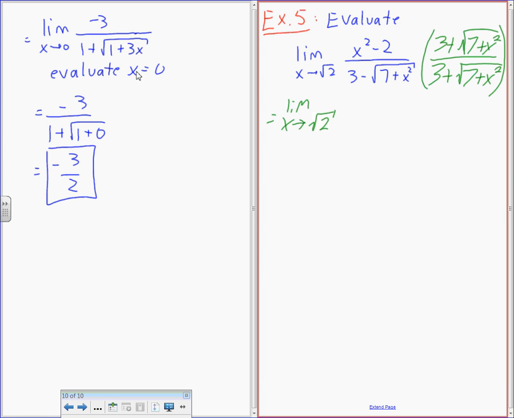Okay. So, with the top, we're not going to distribute it because we're going to see what happens with that. So then we get x squared minus 2 times 3 plus root 7 plus x squared. You do that because you're trying to get stuff to cancel out, so we leave it like this so then it can cancel out later.